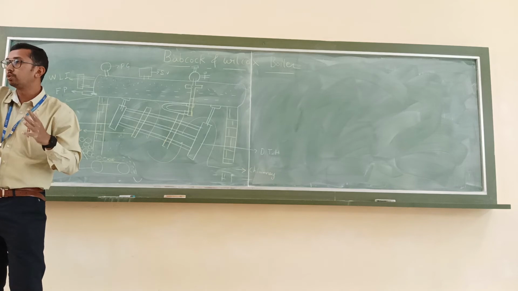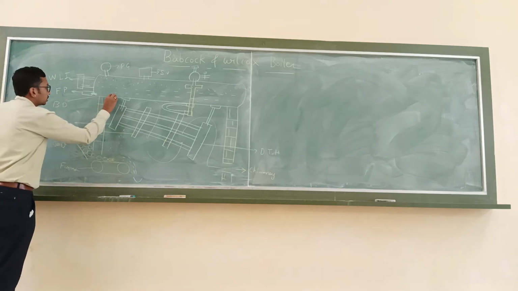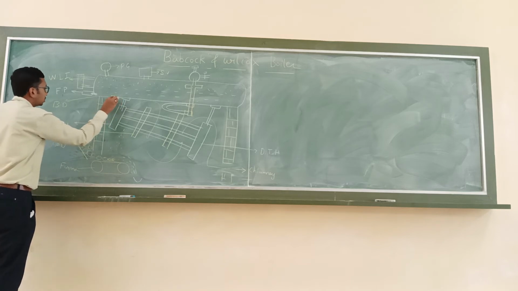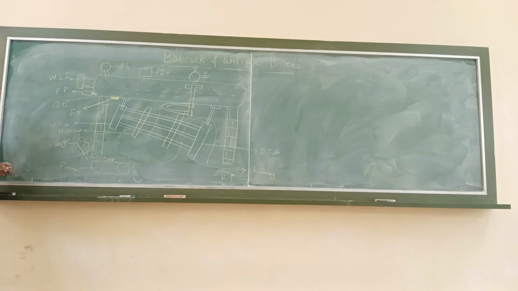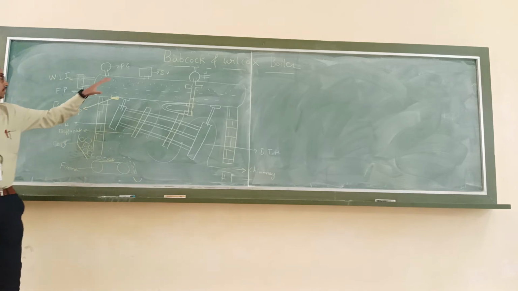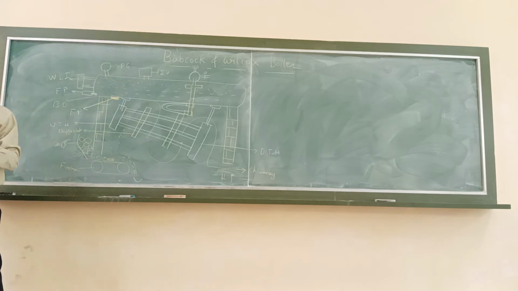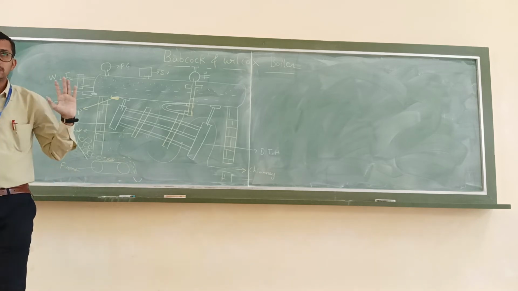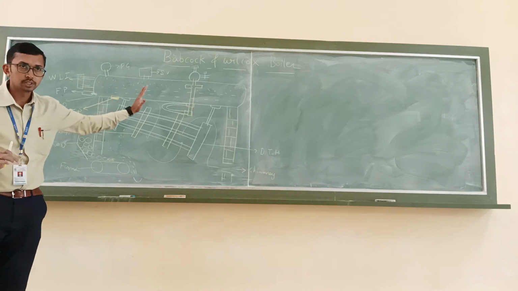So the pressure is going to come out. That we are going to call as fusible plug. Okay, if the safety valve is not going to work, this is going to melt and reduce the pressure of the boiler. Are you able to understand?